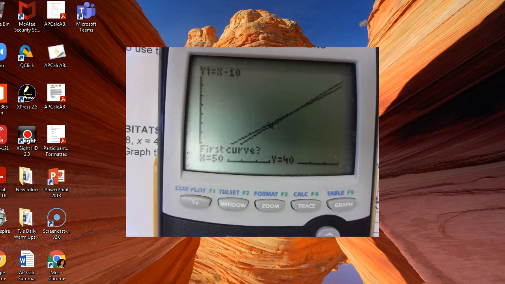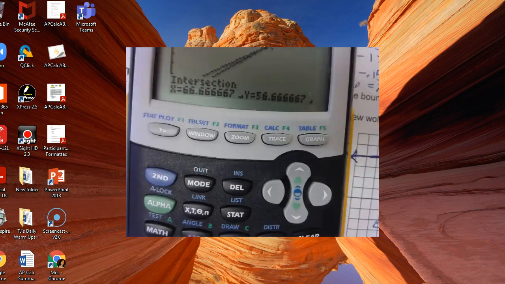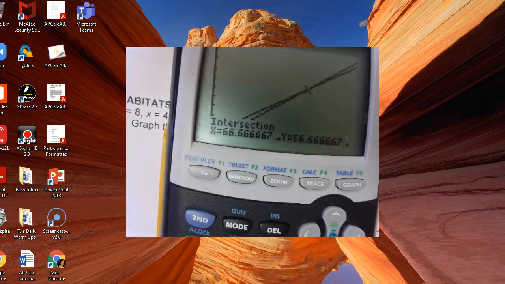You're going to hit enter 3 times after you hit the intersect option, and it tells you the answer. Second, trace. Go to option 5 for intersect.